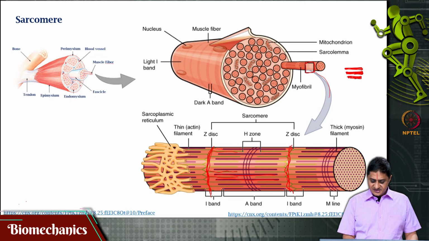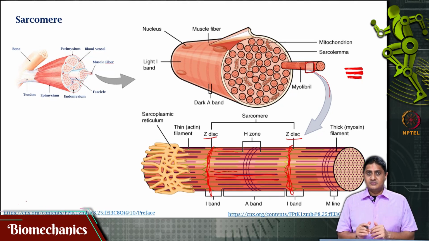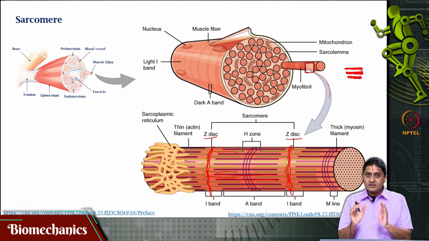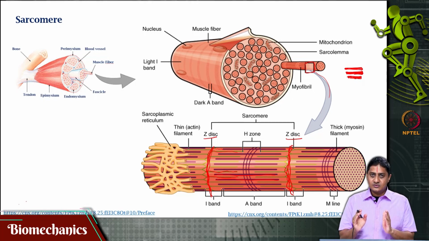The point from which this suspending of these filaments happens is called a Z disc, and the zone between two Z discs, or all the components between two consecutive Z discs, is called a sarcomere.